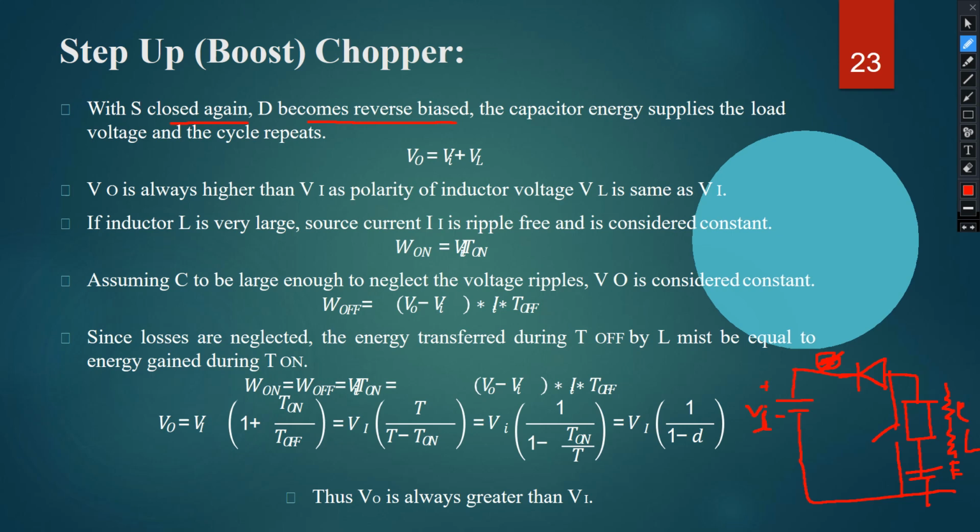So now as this switch S is closed, what will happen? Due to this battery E, current will flow through the switch like this. So remember, this is the chopper switch over here now. So as current progresses, the lower plate of the inductor will be positive and the upper plate will be negative.